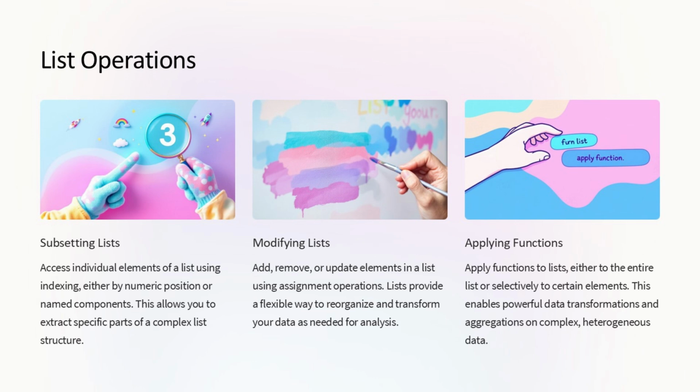Modifying lists allows you to add, remove, or update elements as needed for your analysis. Lists provide a flexible way to reorganize and transform your data. Applying functions to lists enables powerful data transformations and aggregations, even on complex, mixed-type data. We'll explore examples of each of these list operations in the upcoming slides.